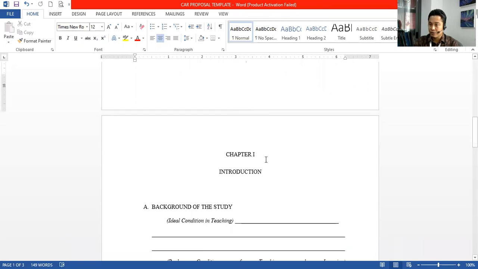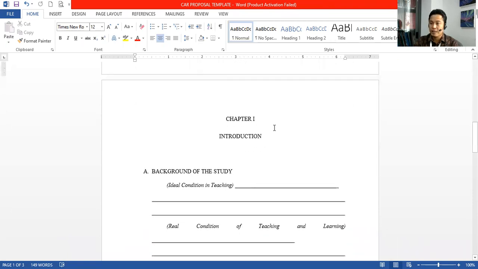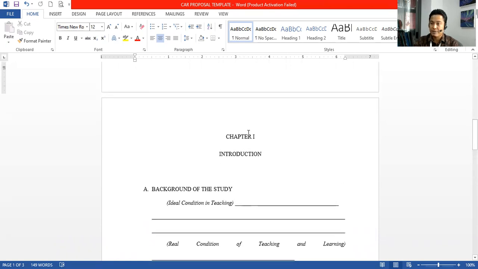Then we go straight to the next part, the first chapter. Chapter 1 consists of the introduction, and the introduction consists of several parts.